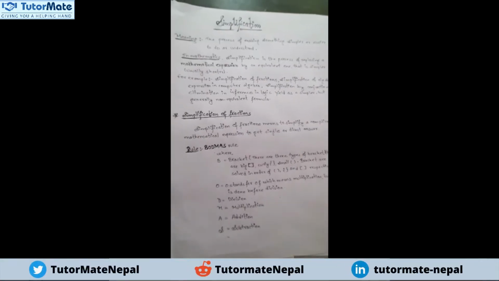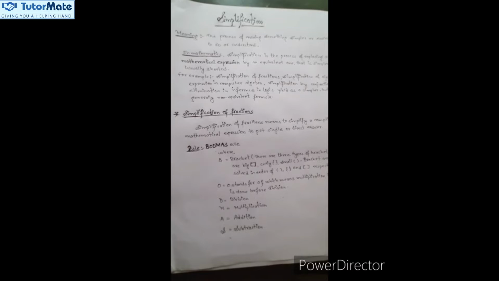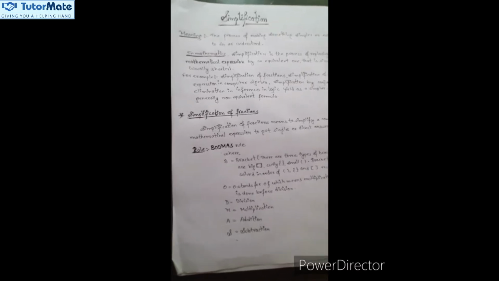So this much is the basic concept and meaning of simplification. Now let's go through some questions for further clarity. There are 6 questions, and through these 6 questions, I think all the concepts will be clear.